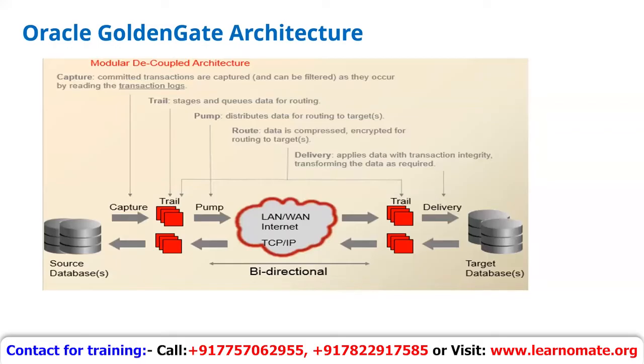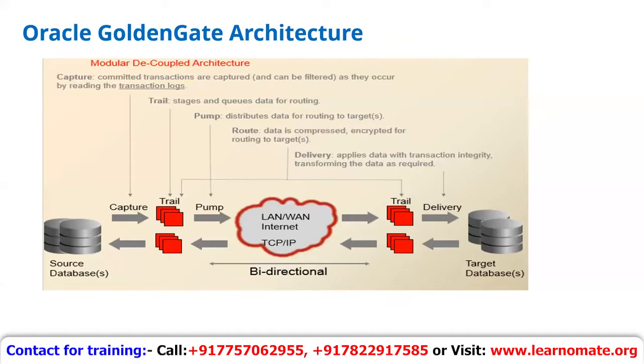In a bidirectional environment, the extract will again be configured on site B, writing data to the local trail. Once the data becomes available in the local trail, the pump process on site B will write the data to the remote trail on site A, and then the replicate process on site A will apply the data to the target database on site A. So basically, I always say bidirectional is nothing but two-way unidirectional.